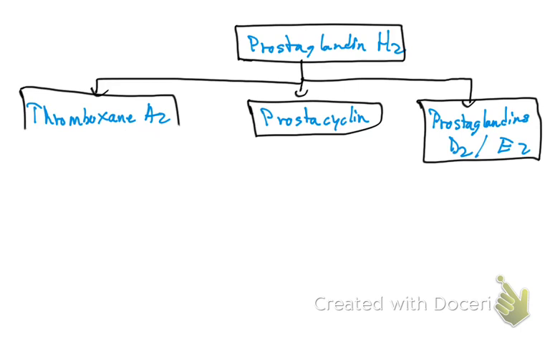So thromboxane A2 causes vasoconstriction. Vasoconstriction, and also an increase. Do you remember that one of those is prothrombotic?